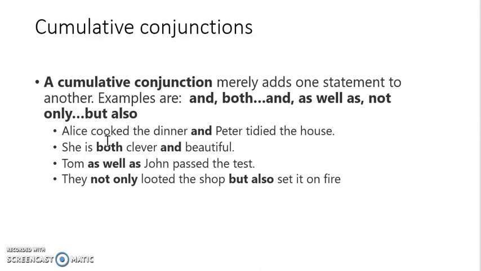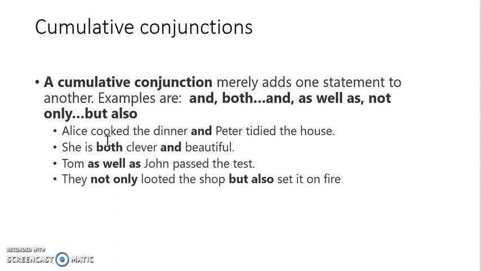She is both clever and beautiful. She is clever, she is beautiful, talking about a single person. Two sentences of equal rank, equal importance, so there you are using both and. Then, Tom as well as John passed the test. Which are the independent clauses there? Tom passed the test, John passed the test.